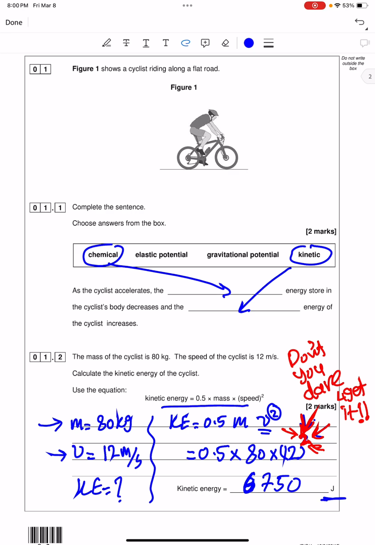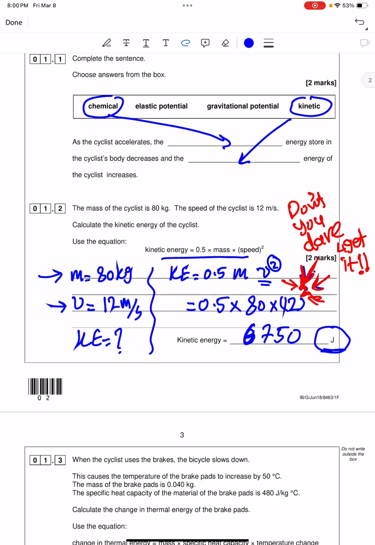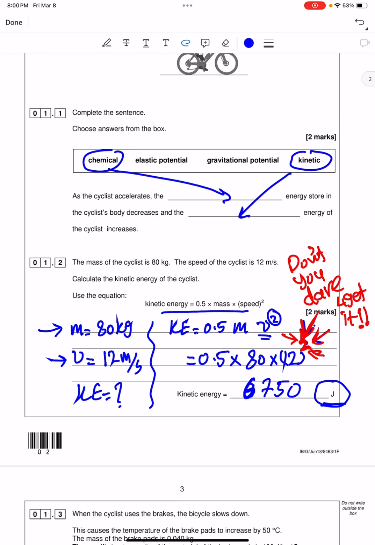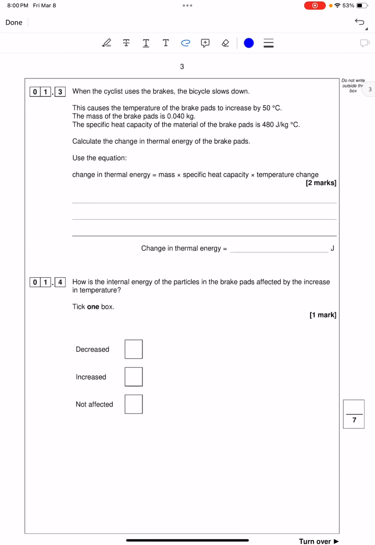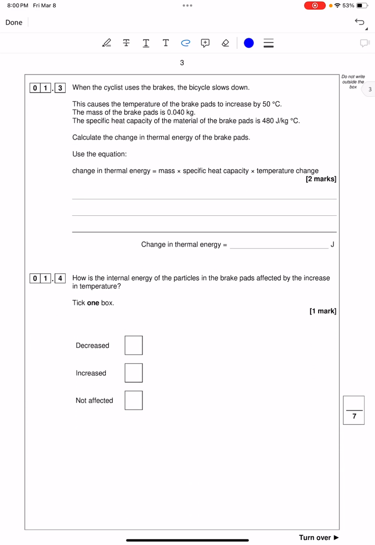Joule is written already here, so no worries. And that's the end of this part. It's easy, right? You just substitute each one here. Just make sure that you know what is the mass, what is the speed, and don't forget about the 2, the squared V, I mean.